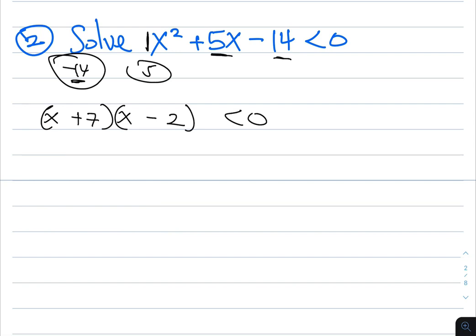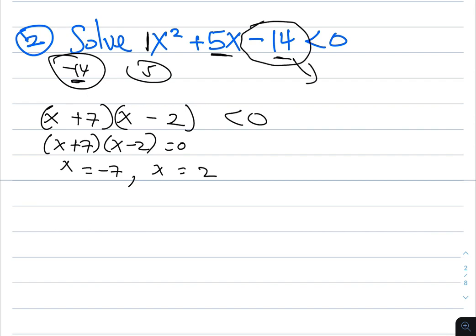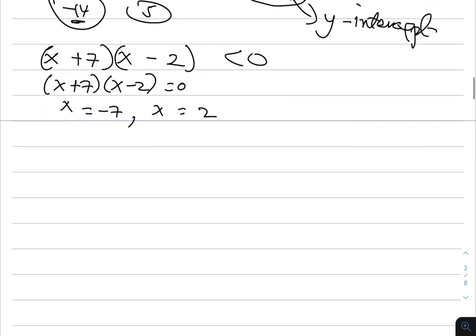So this plus 7, this 2 equals 0. So you have x equals negative 7, and then you have x equals 2. This is your y-intercept. You don't need to look for the y-intercept. You can just see it from the question.